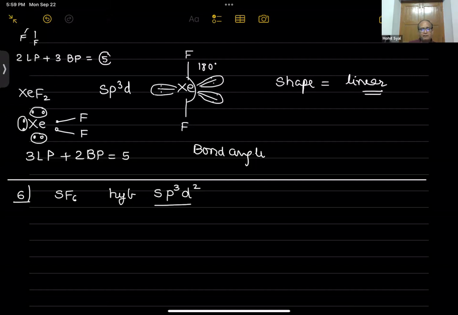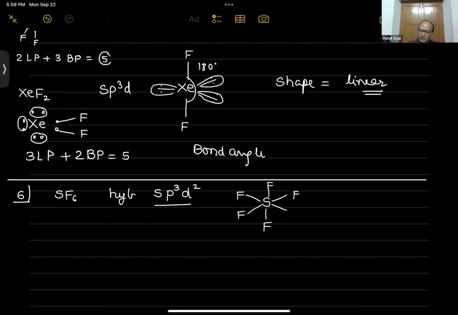How will it look? What will be the arrangement of the 6 groups around the sulfur? The shape. 2 will be axial, up and down, and 4 of them will be equatorial.